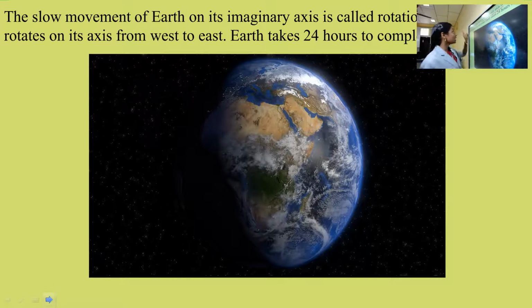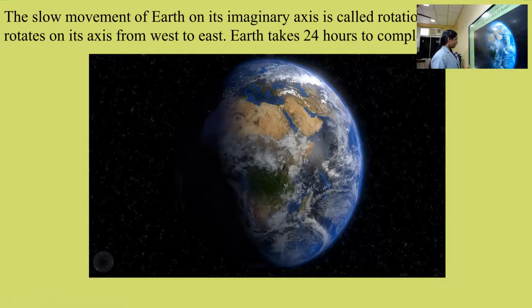So what is rotation? The slow movement of Earth on its imaginary axis is called rotation, and it rotates on its axis from west to east. This is north. Here we have south, east and west.